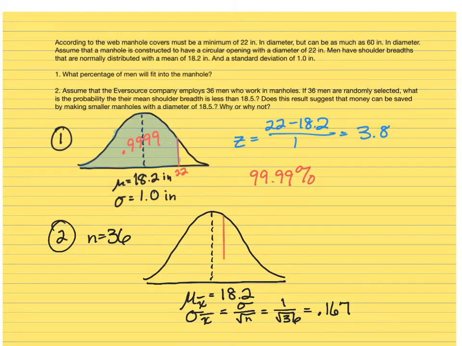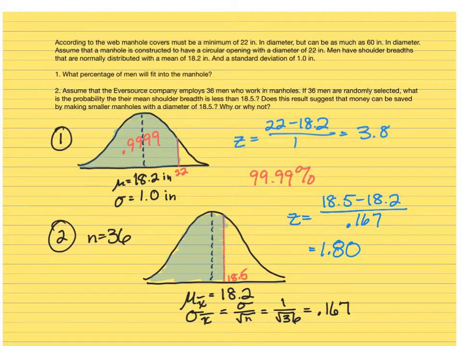All right, so we want the probability that their average is less than 18.5. So 18.5 is going to be somewhere right around there. We want less than that, so the probability of being less than that is that area. We proceed just like we have, but this time we find the z-score of 18.5 minus 18.2 over 0.167. That gives us a z-score of about 1.80.